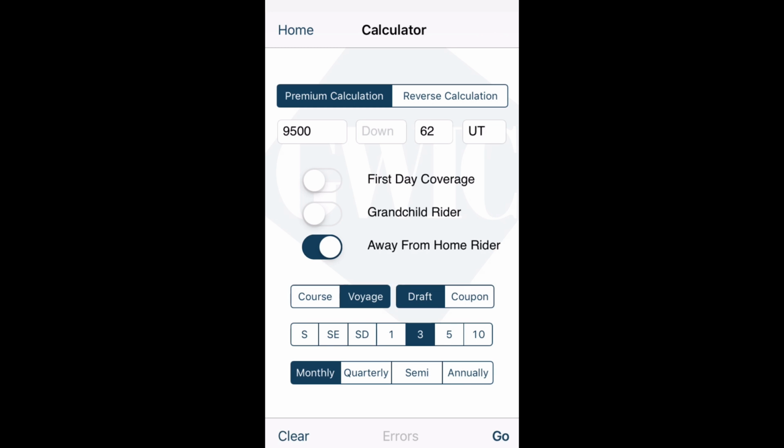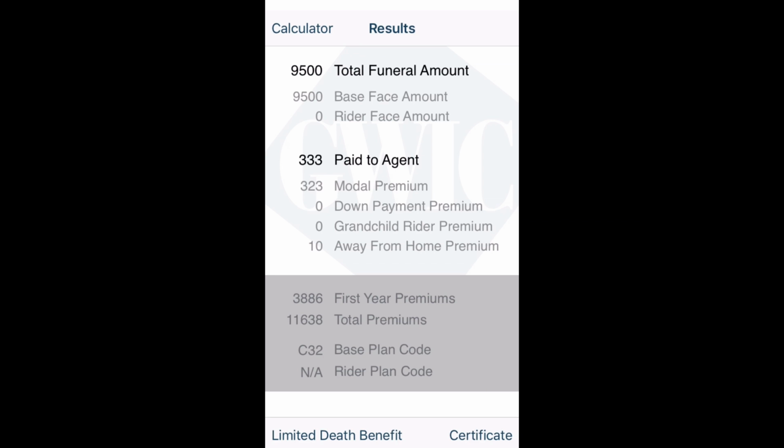Course and Voyage right there, those are the two different products Great Western offers. I always help people with Voyage. If you want to know why, let me know and we can get into that. But we're going to do Voyage, Draft, 3 years, and monthly right now. So $9,500, $333 is the first payment. Modal premium means that's what they're going to pay every month after that first one.